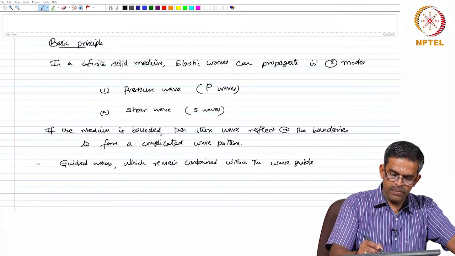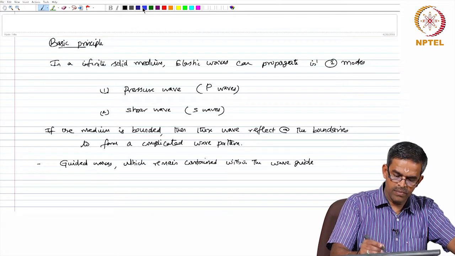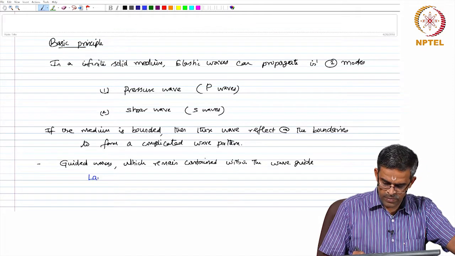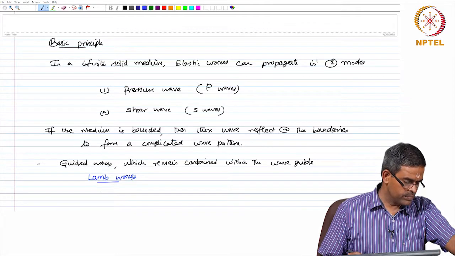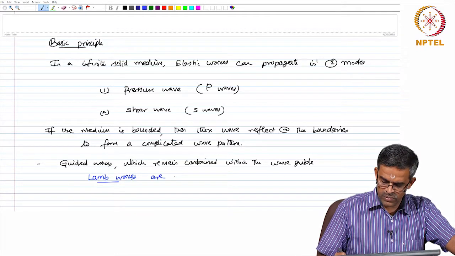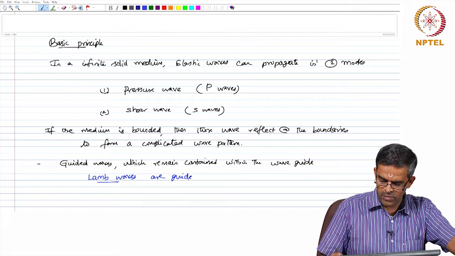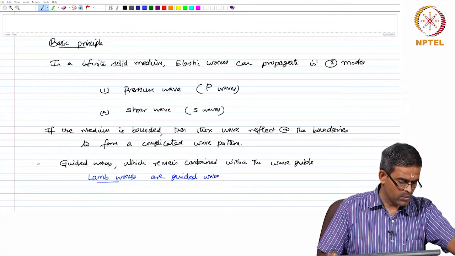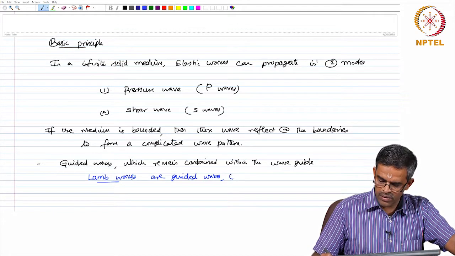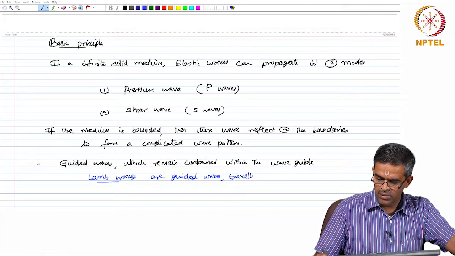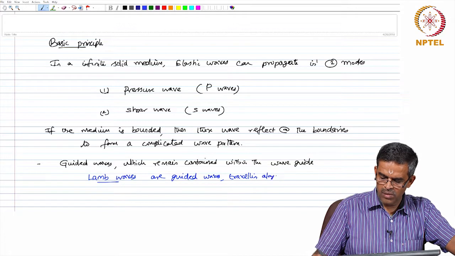For example, Lamb waves, or guided waves, travelling along the plate.